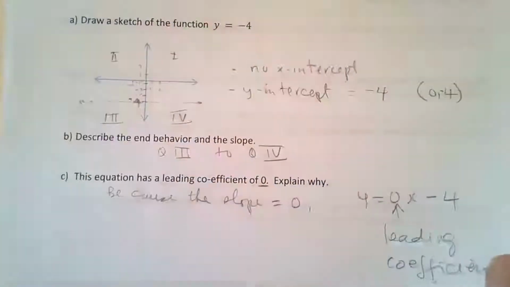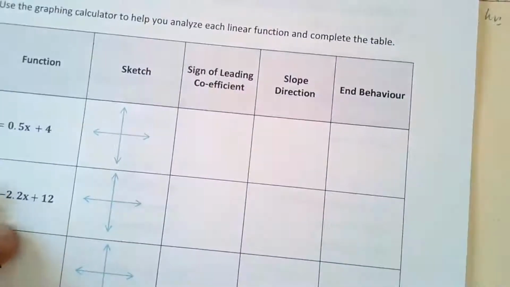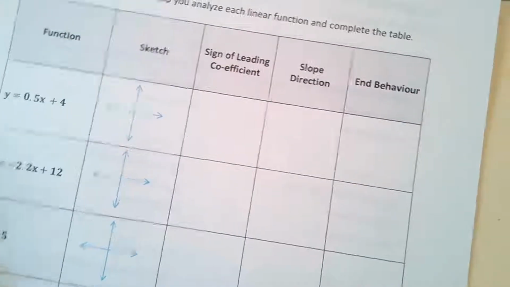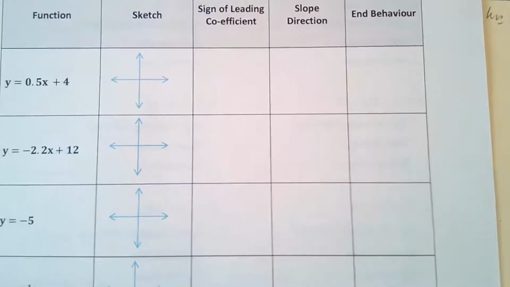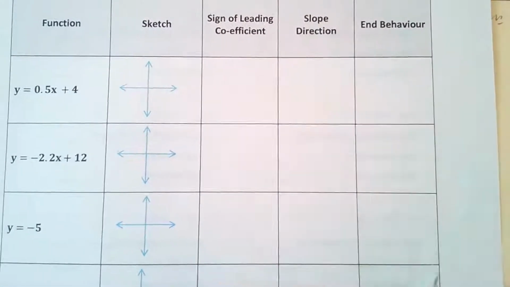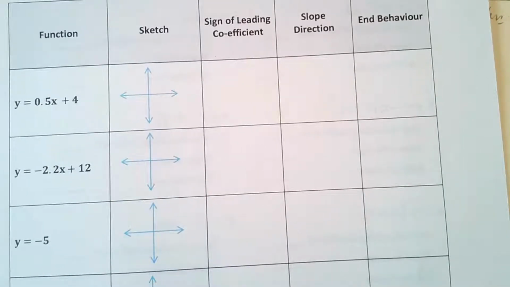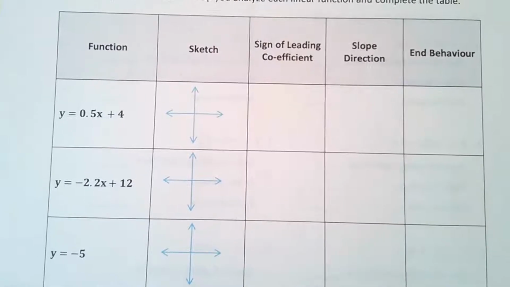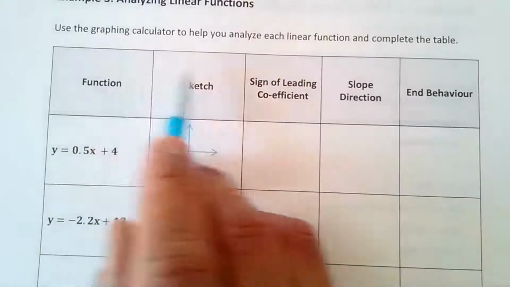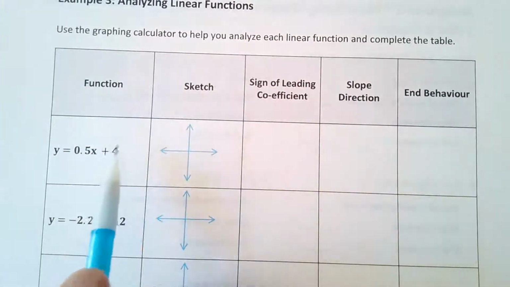On example 3 next, I'll go through a couple of examples here, and then make sure I got this all straight. We can use a graphing calculator to help you here.